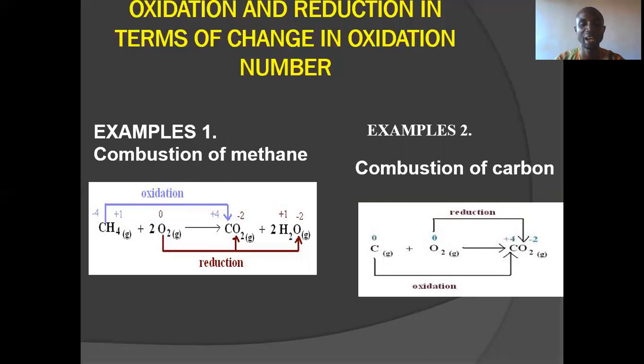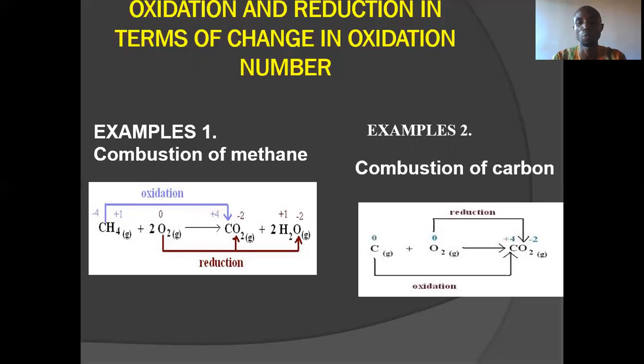So here we can see that carbon moves from -4 to +4. It's oxidation. Oxygen moves from zero oxidation number to -2. That is reduction, since 0 is greater than -2. So reduction takes place at oxygen from 0 to -2.